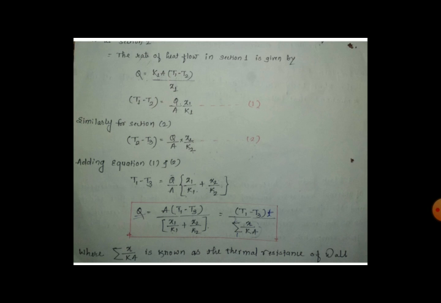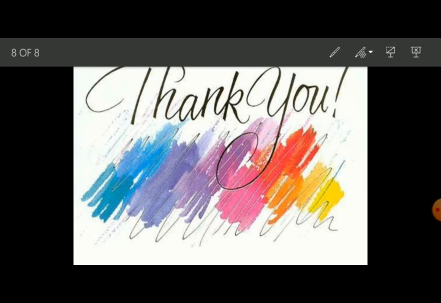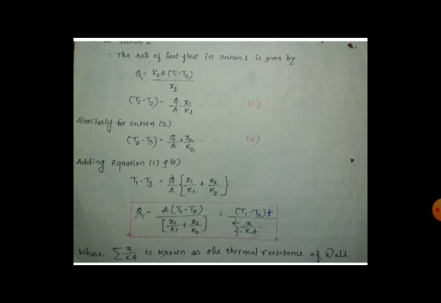Now I want the boundary temperatures, that is the temperature at the first and the temperature at the last. In order to obtain that, I have to add the two equations, that is T1 minus T2 plus T2 minus T3.